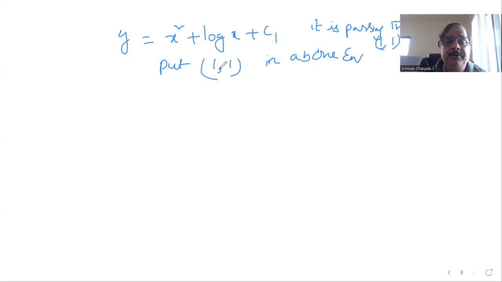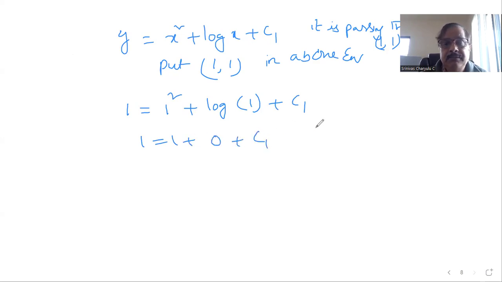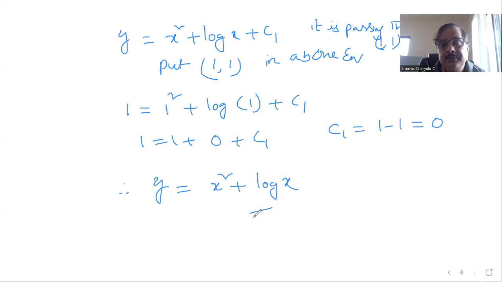So 1 is equal to 1 square plus log 1 plus c1. So 1 is equal to 1 plus 0 plus c1. C1 is equal to 1 minus 1, 0. Therefore, y is equal to x square plus log x is the particular solution.